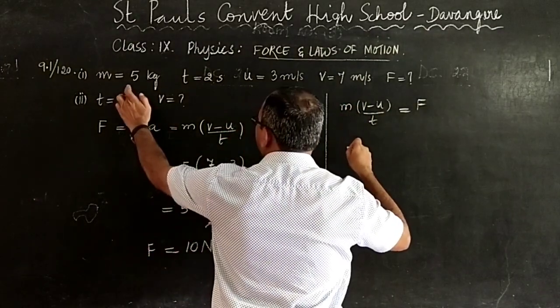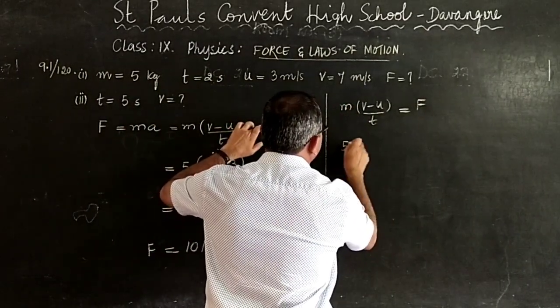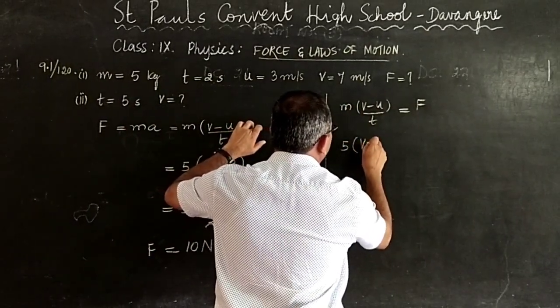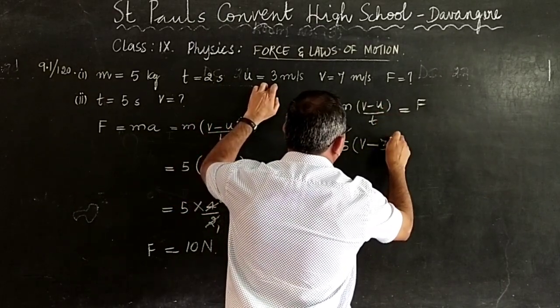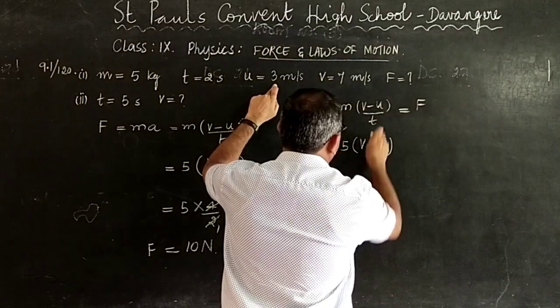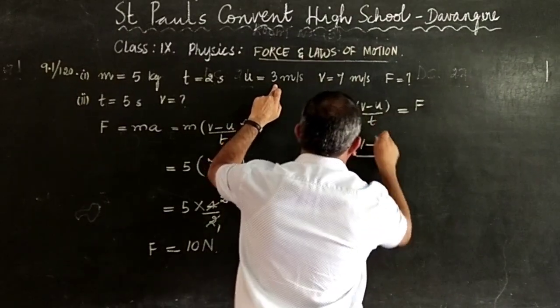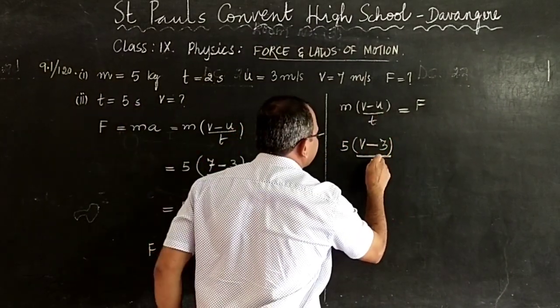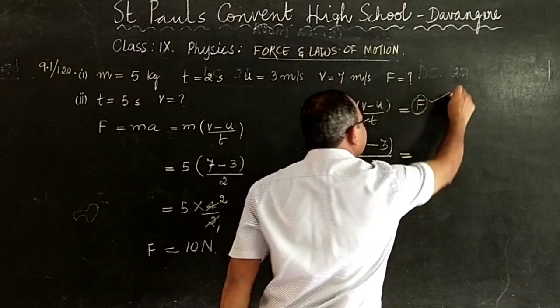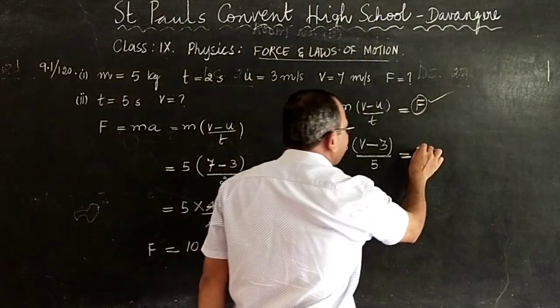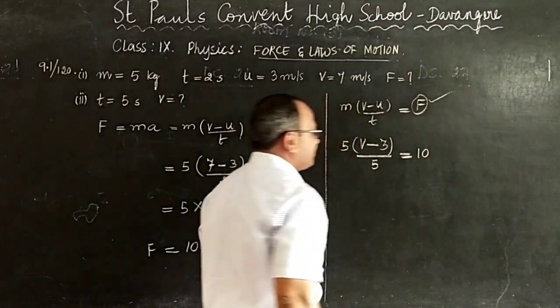Mass is 5 kg. Final velocity we do not know. Initial velocity of the object is 3 meters per second. Time taken is 5 seconds, and force we have calculated already, children, it is 10 Newton.